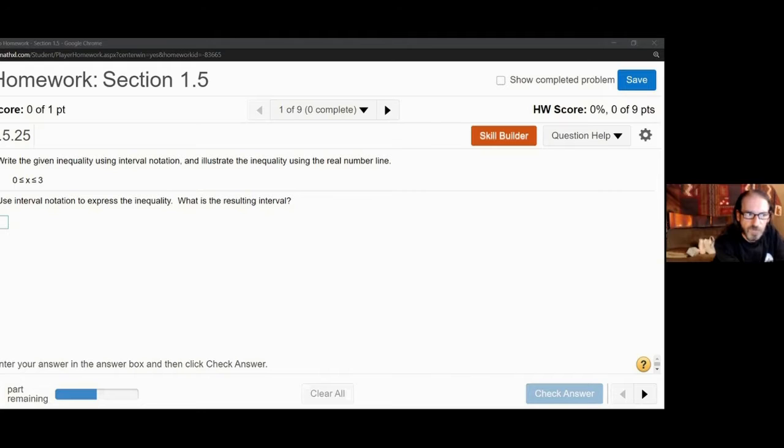With interval notation, when you see an or equal to, then when you write interval notation, that turns into what I call a square bracket. It's not rounded like a parenthesis, it is squared. Now, furthermore, an interval is a continuous piece of the real number line with infinitely many numbers.